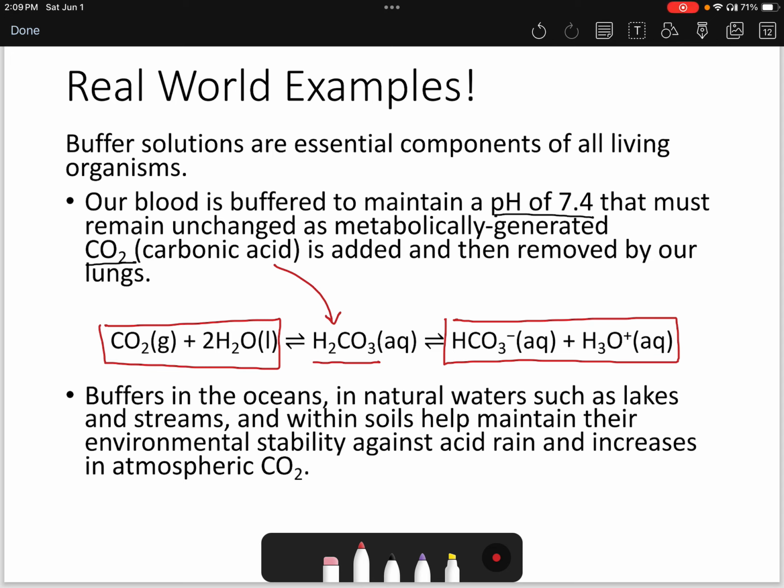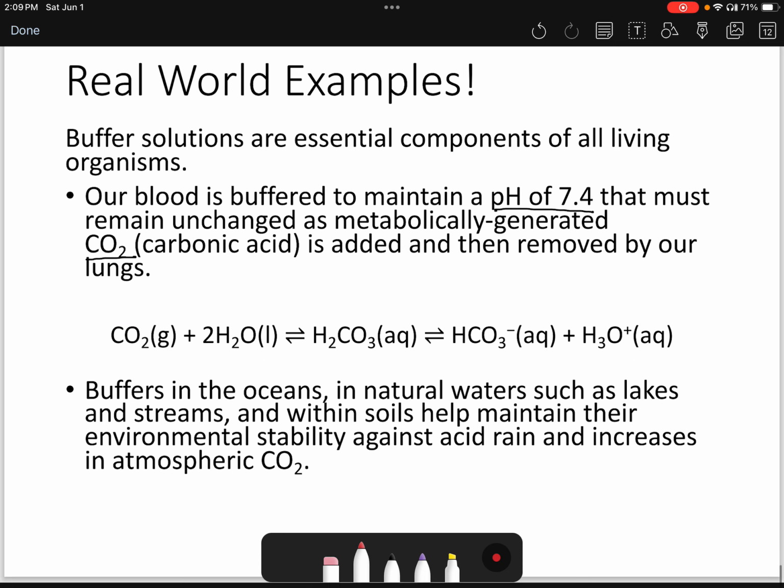And so some aquatic life that depends on shells to live, their shells are slowly breaking down as a result of all the acid that's forming in the ocean. So even though oceans, lakes, and streams all have buffer systems, unfortunately, they can only do so much. Eventually, if you add too much acid, the buffer system just doesn't work anymore.